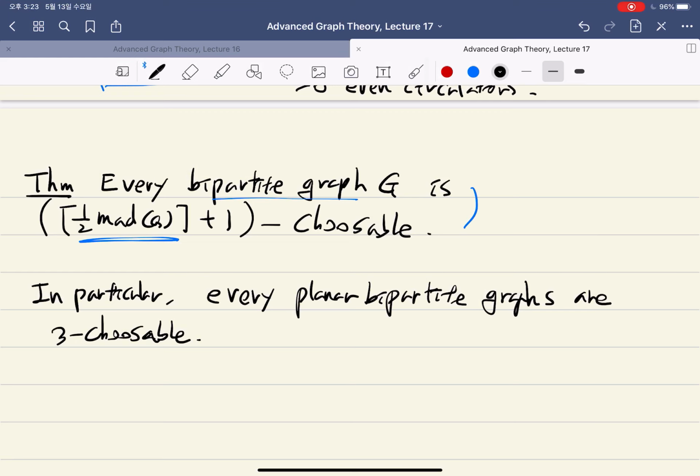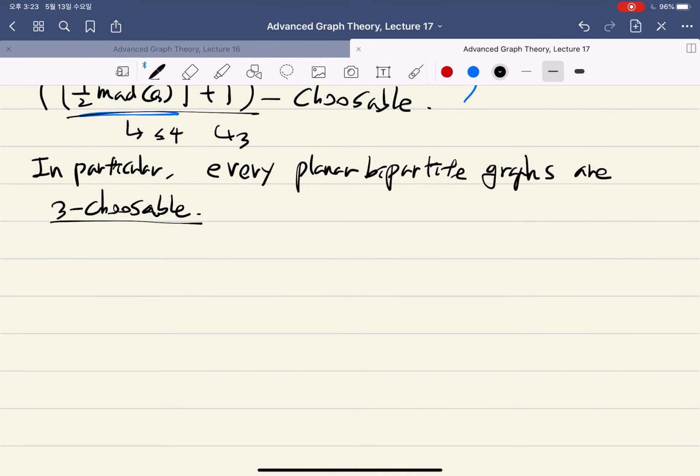Because by using Euler's formula, we know that if you have a bipartite planar graph, then it's 4-degenerate. So we can show that its maximum average degree is at most 4. So half of that is 2, so this number is 3. So you apply the Alon-Tarsi theorem, then you can conclude that every planar bipartite graph is 3-choosable.